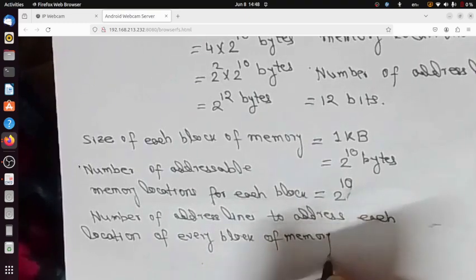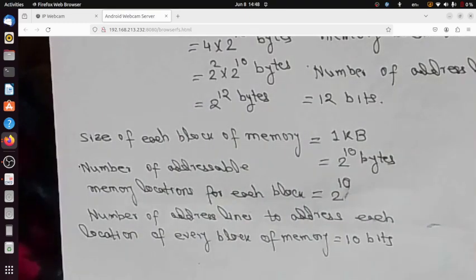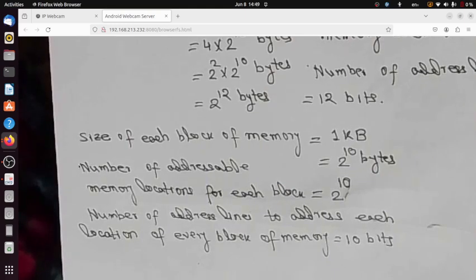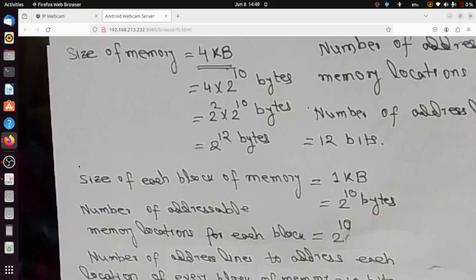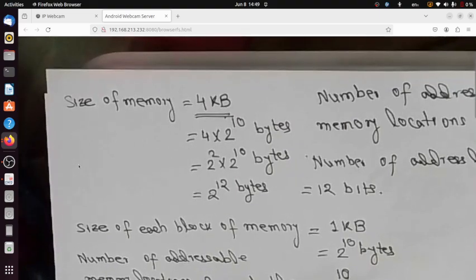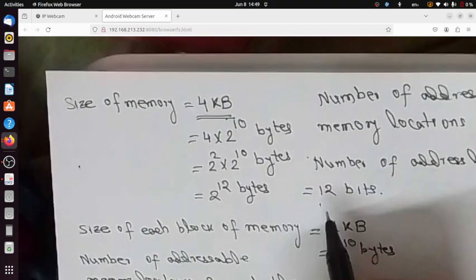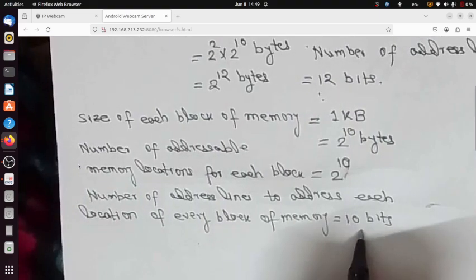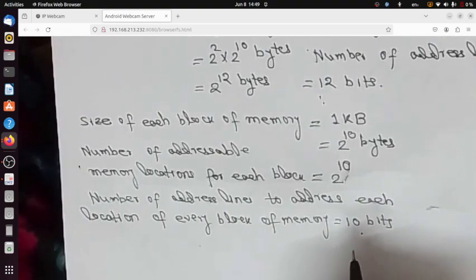It will be 10 bits. To access each memory location within every block, we need 10 address lines. But in total, for the 4 KB memory, 12 bits of address lines are required, and among these 12 bits, 10 bits will be used to access each memory location within every block.